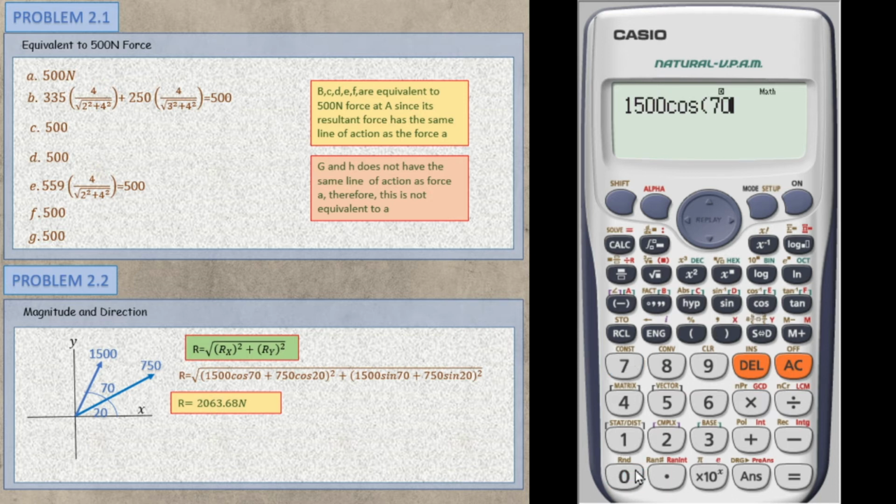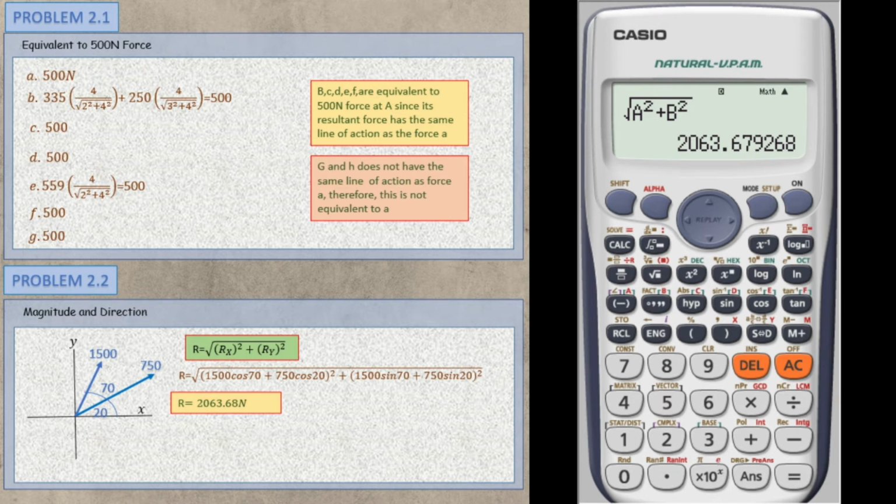1500 cosine 70 plus 750 cosine 20. I will store it at A, and then 1500 sine 70 plus 750 sine 20, store at B, and then applying the formula, square root of A squared plus B squared, we have 2063.68 Newton.